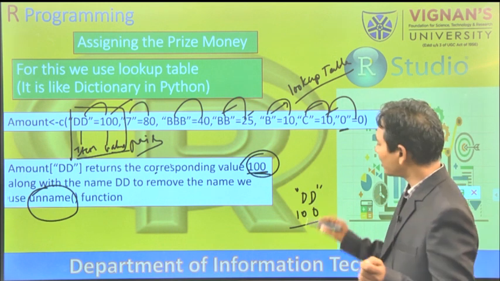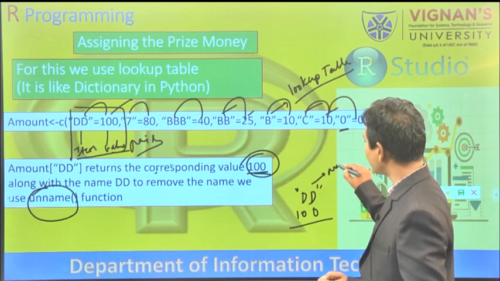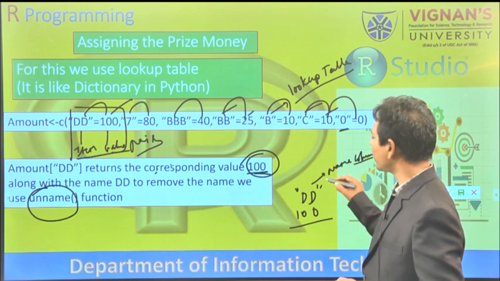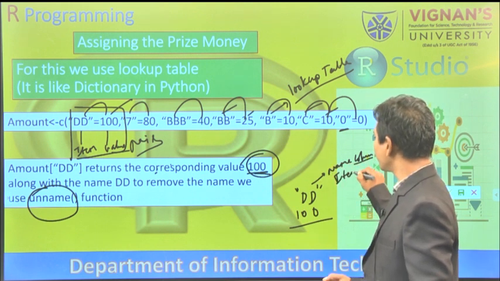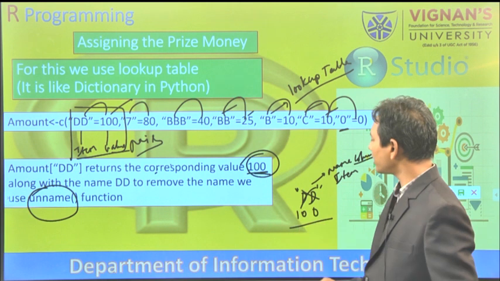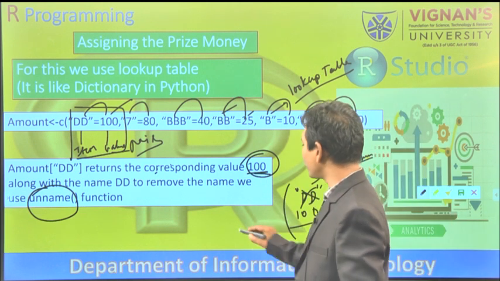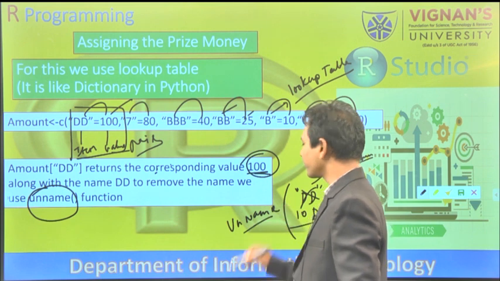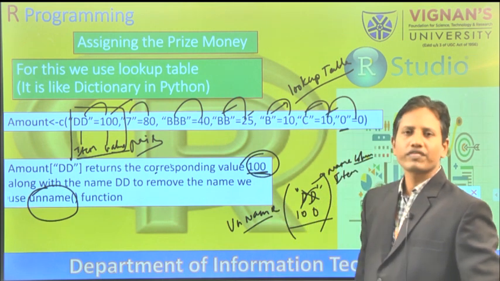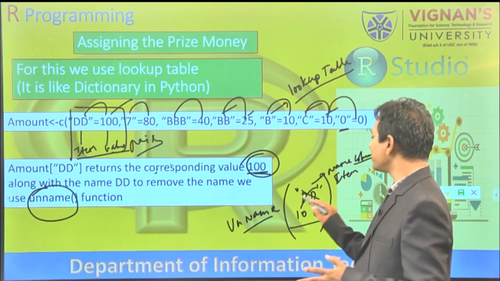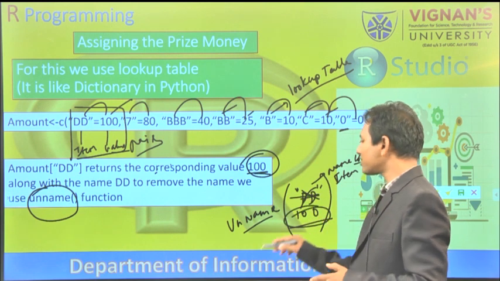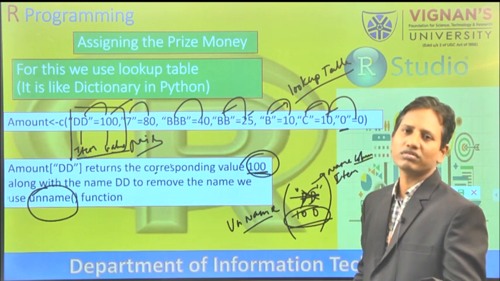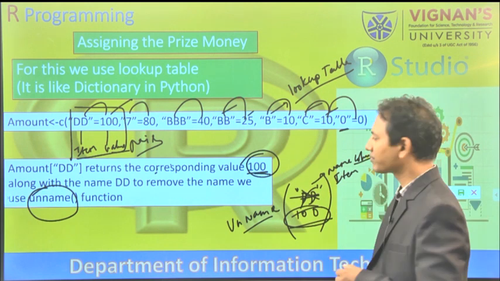R will give you the name of the column, or I can call it the name of the item. If I want to remove this, I have to pass this value to a function called unname. Then this DD is going to be removed and you are going to get 100. This is a simple trick to display a value in a simple manner.